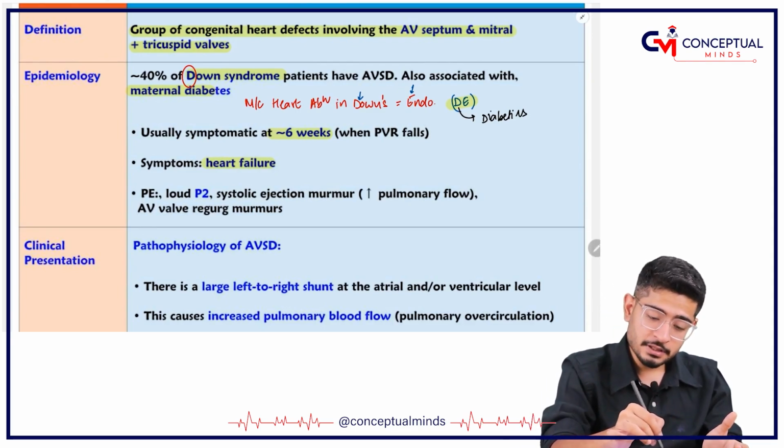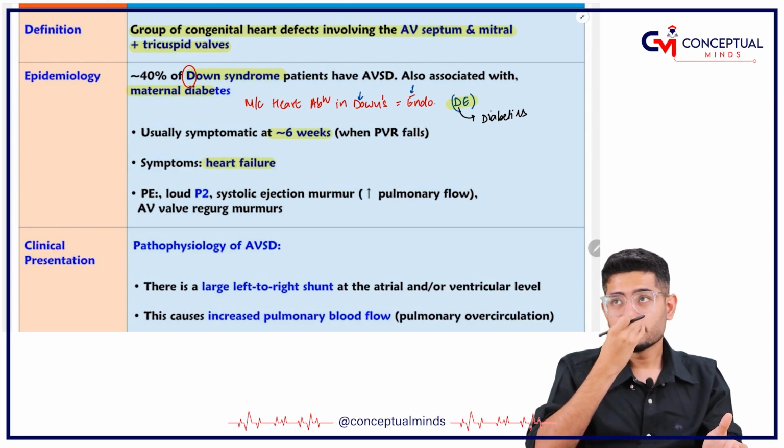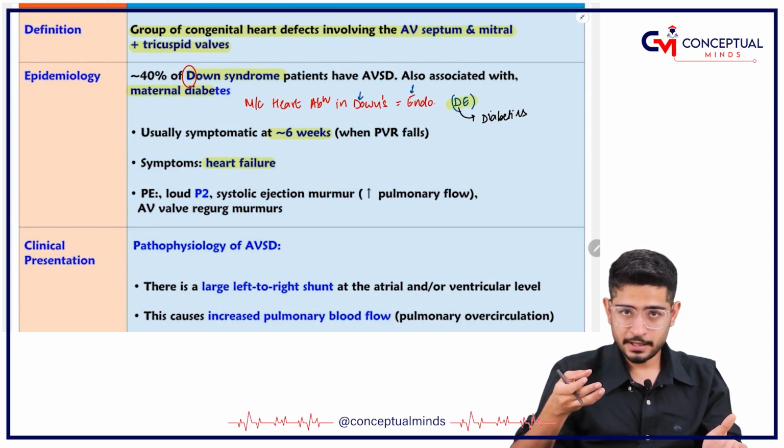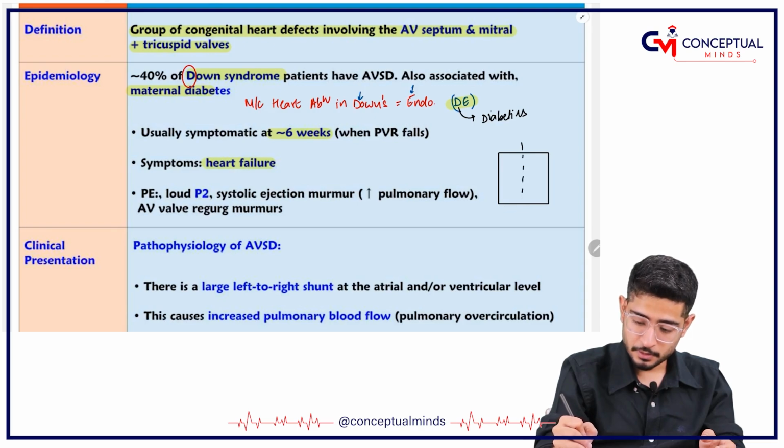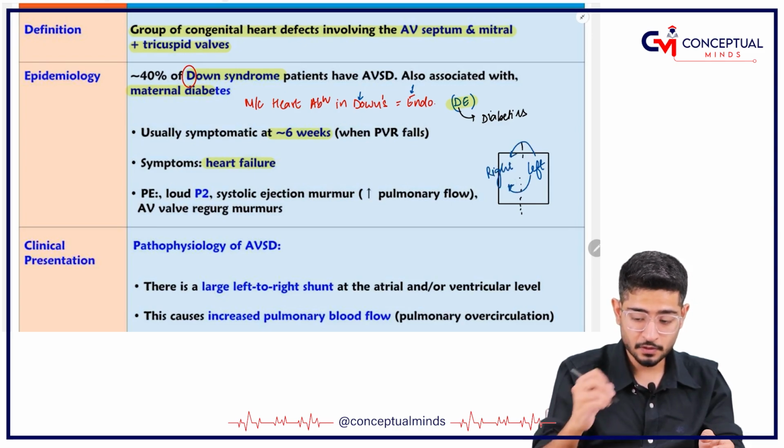In this, a lot of blood is going to come to the left side. Just look into this box. This septum is not functional. So a lot of blood is going to go to the right side because the left side musculature is strong.